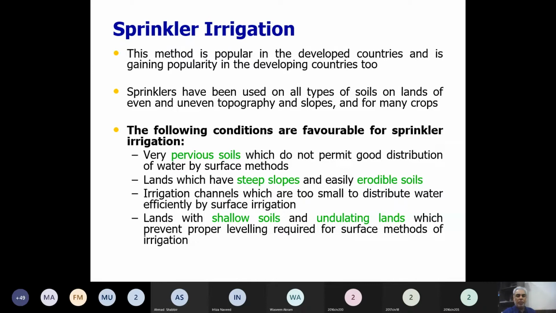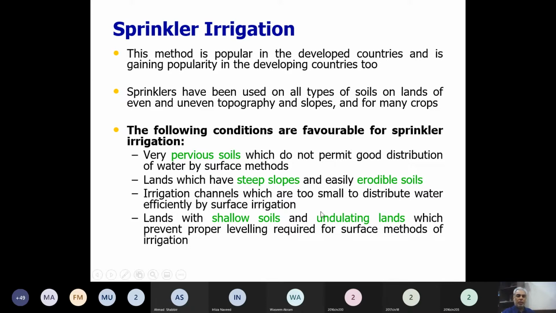Land with a steep slope and easily erodible soil: if steep slope and easily erodible soil are there, application of the surface method is difficult to think about. Because of the steep slope, erosion will occur. Because of the steep slope, we cannot provide water on an even basis. You need to make small strips, small contours or terraces, while a sprinkler can provide water to undulating land also.